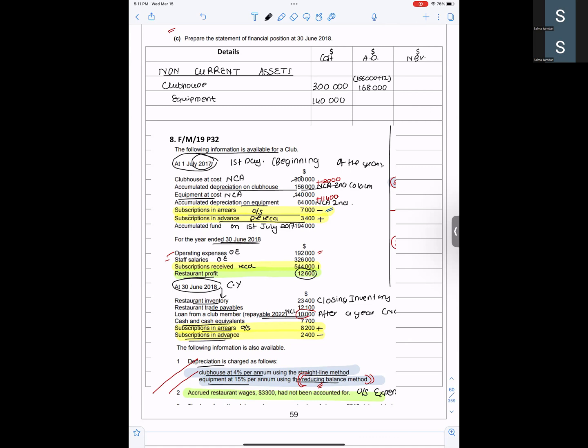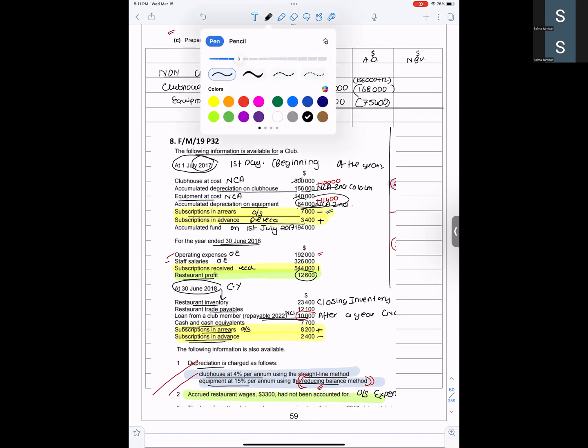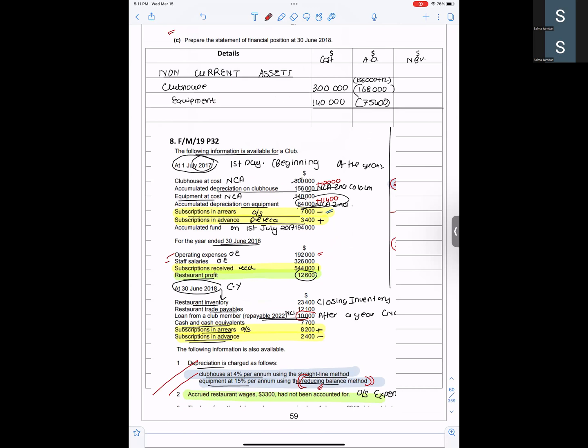And this will be 64 plus 11,400, which is 75,400. I will subtract it and arrive at the net book value. Let's get the net book value. First is 132,000. Next is 64,600. My total is 196,600. Total cost of the asset is 440,000 and 243,400.